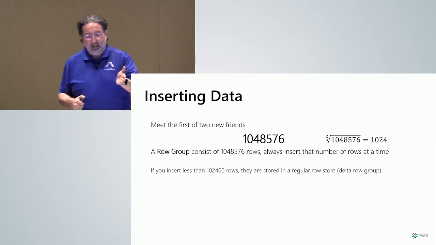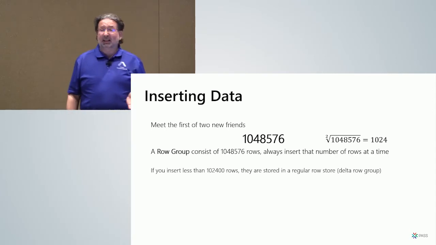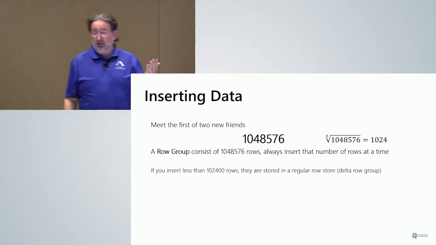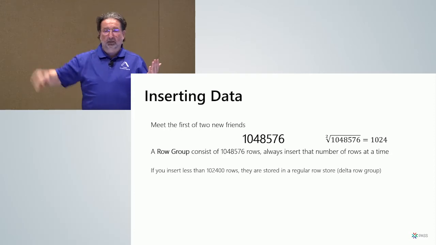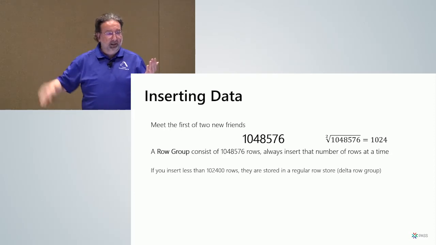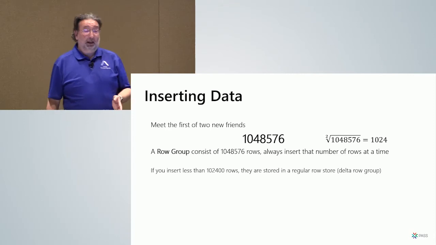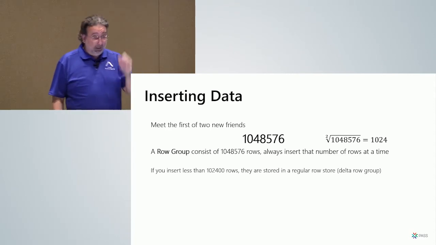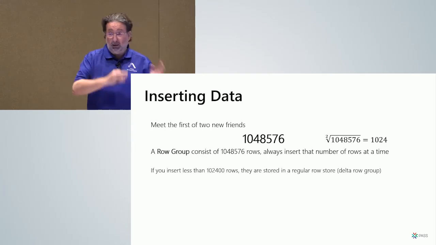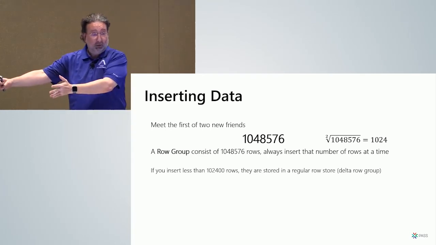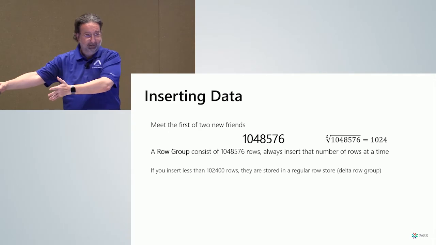So if you go below that, then SQL Server says, that's not worth compressing. I'm not dealing with that. I create a hidden regular row store table and just put it there and deal with it later, maybe. So that's really bad. Worst case scenario, you insert row by row. All your data will not end up in a column store. It will all end up in a row store that's hidden behind it.